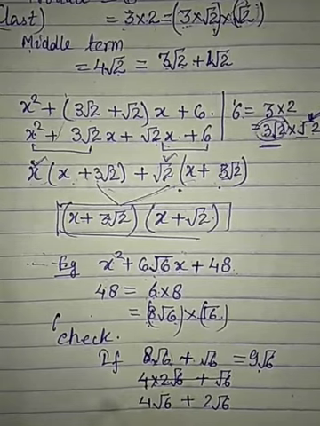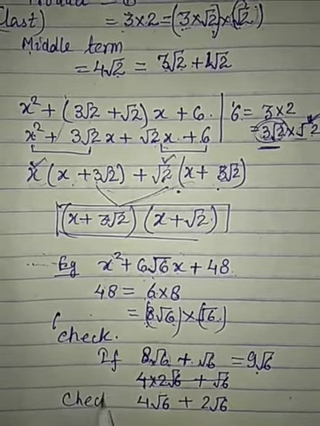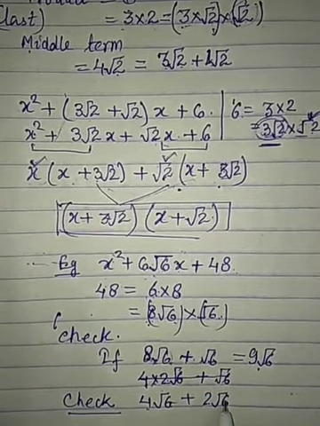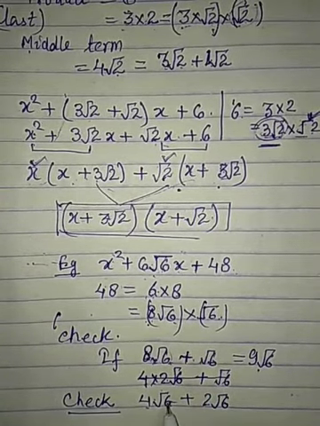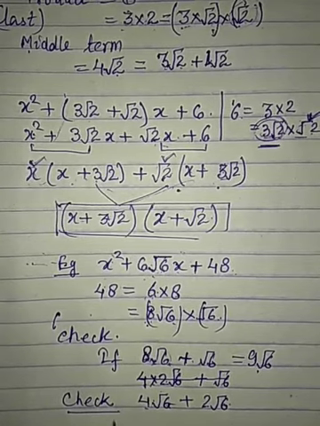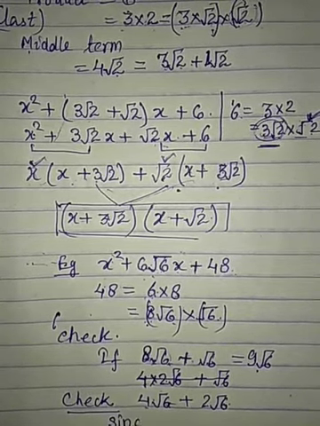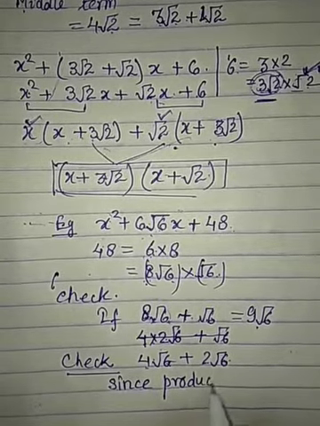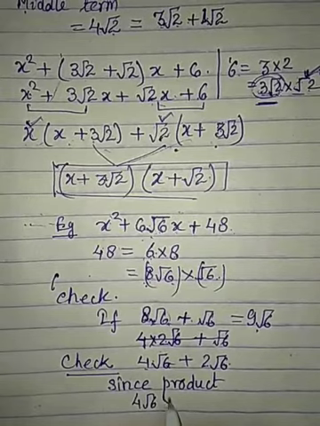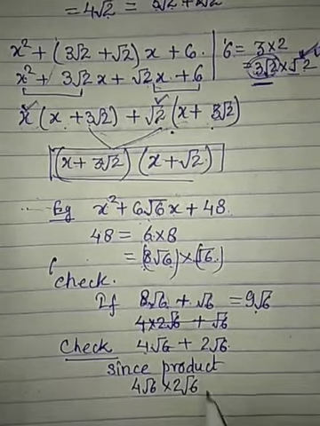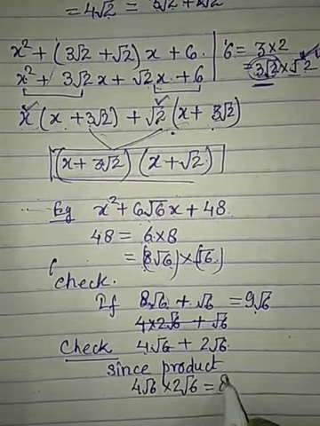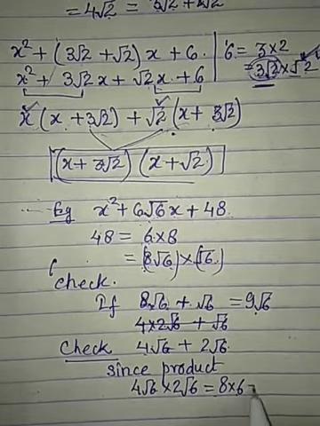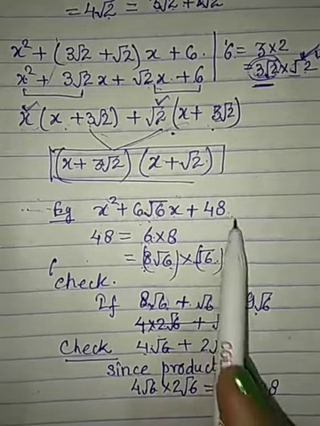Now check again. You can see here 4 root 6 and 2 root 6. Their product is what? 4 twos are 8, and root 6 into root 6, 6 eights are 48. This is 48.